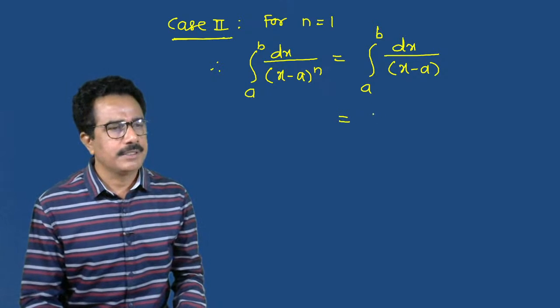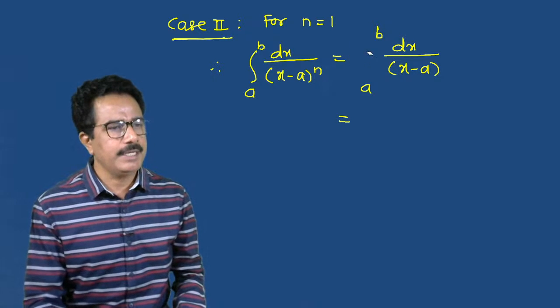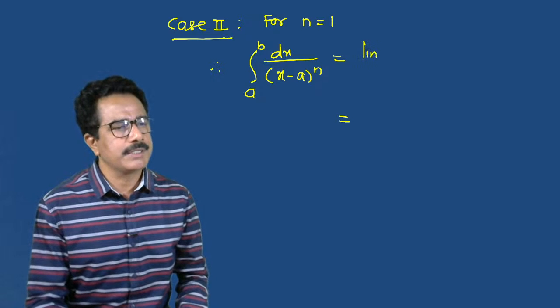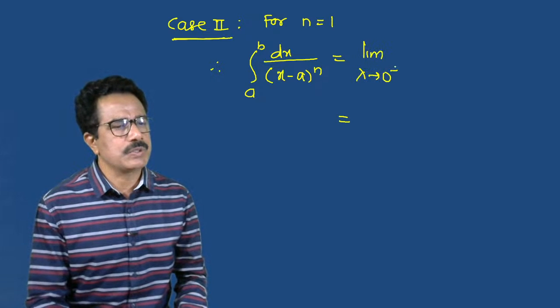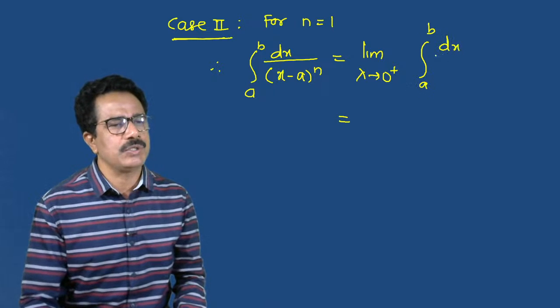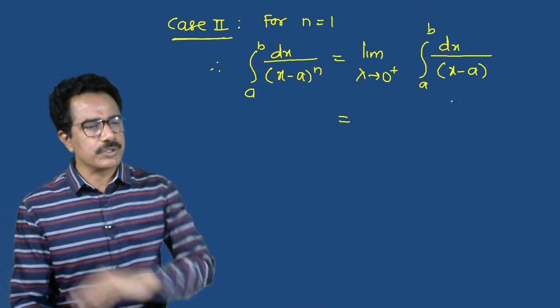log of... the limit also remains here, lambda tends to 0. So we shall take the limit lambda tends to 0 positive of the integral from a to b of dx divided by x minus a, if n is equal to 1.